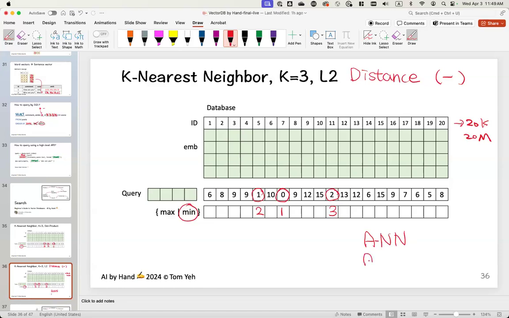It actually stands for approximate nearest neighbor. And there will be its own lecture if you are interested in the intricate math. Most of the vendors are supporting this efficient ANN algorithm under the hood. So you can retrieve your data a lot faster than having to scan the entire database.